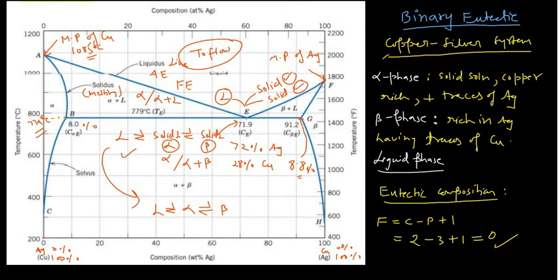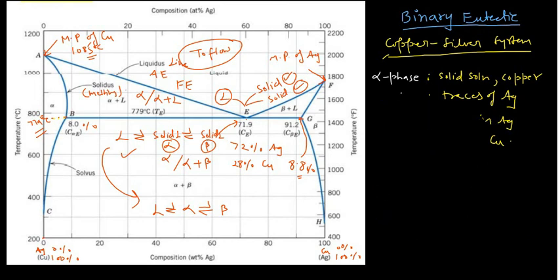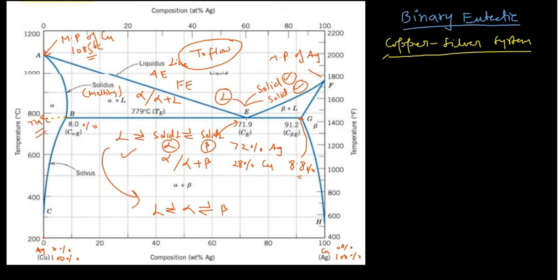And see, again a very important reaction which you should know. So what I can do, I can remove some space from here. The important thing is that in that case, you are having, say, a liquid, and that liquid is having nearly 72 weight percent of the silver.